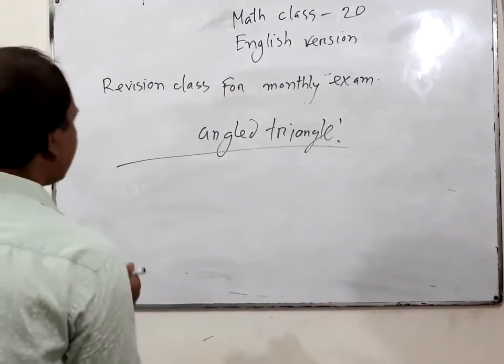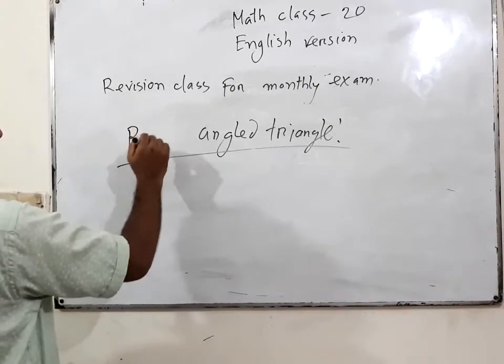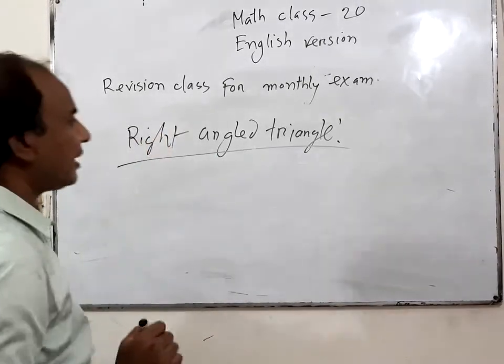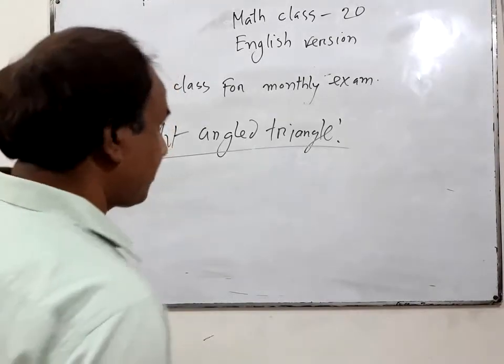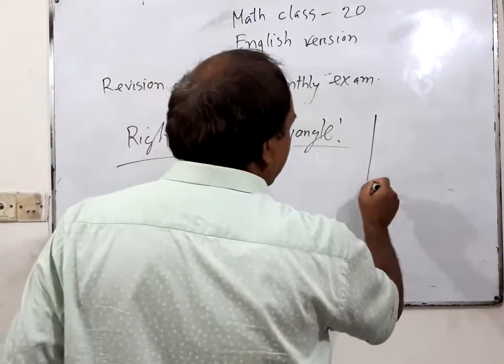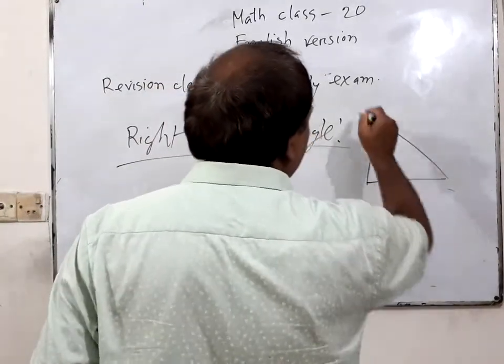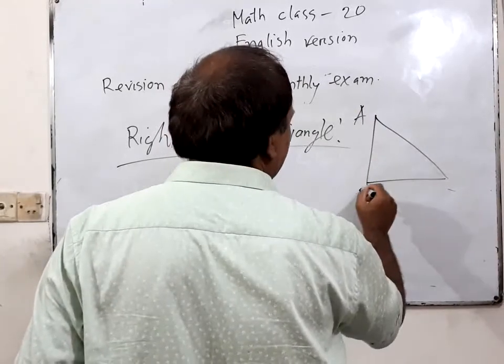And right angle triangle. Next one is right angle triangle. The triangle having a right angle.